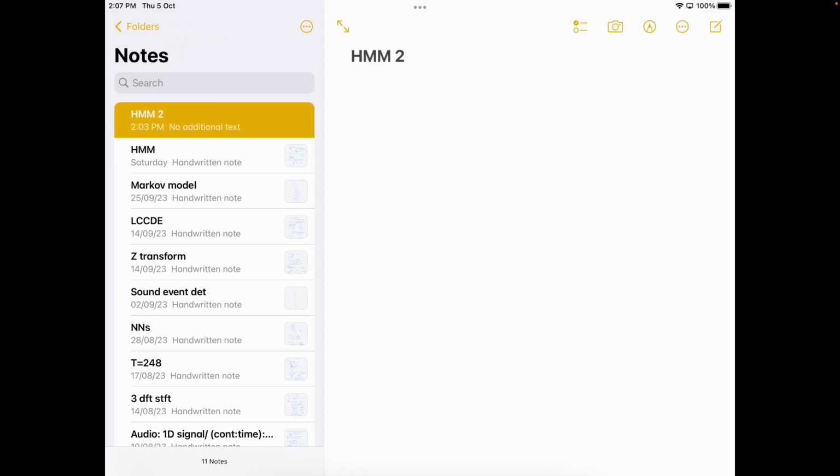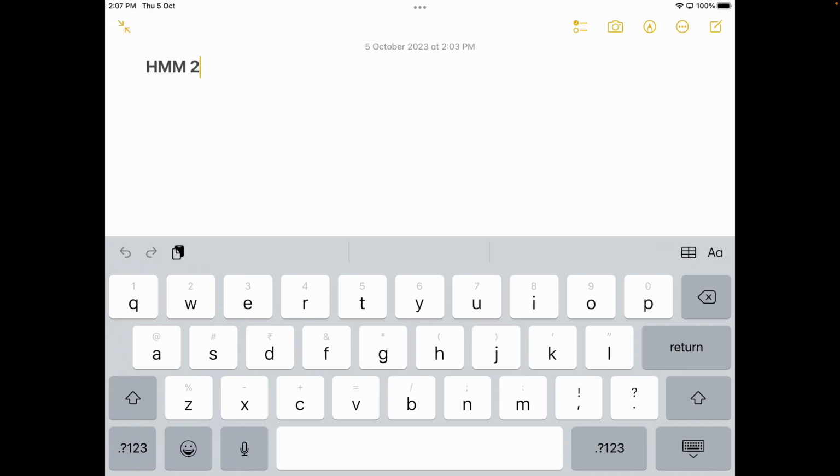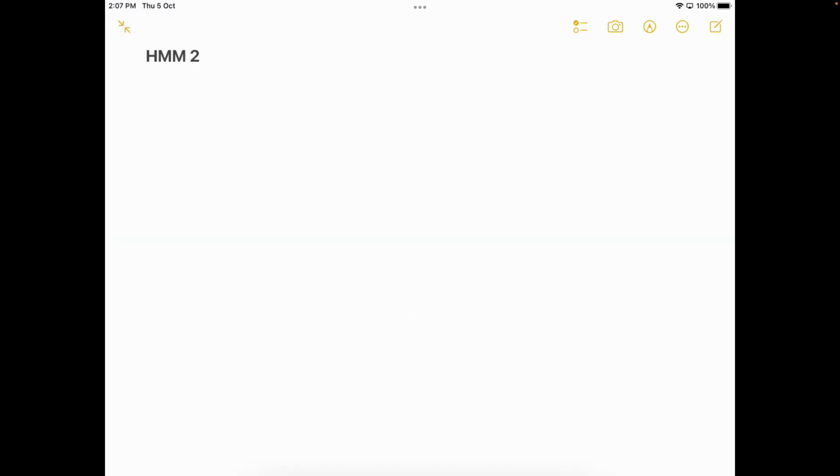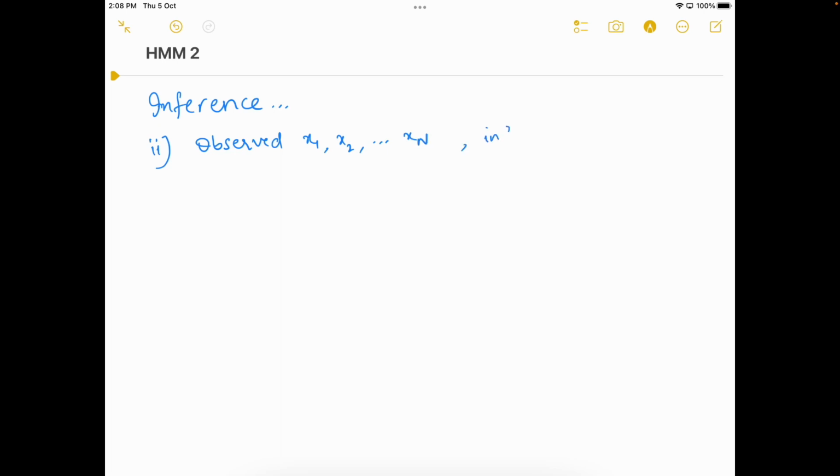Let's work with that. So we are discussing inference. This is the second type of problem we are asking. If we have observed x1, x2, so on up to xn, you have to infer z1, z2, so on up to zn, right?